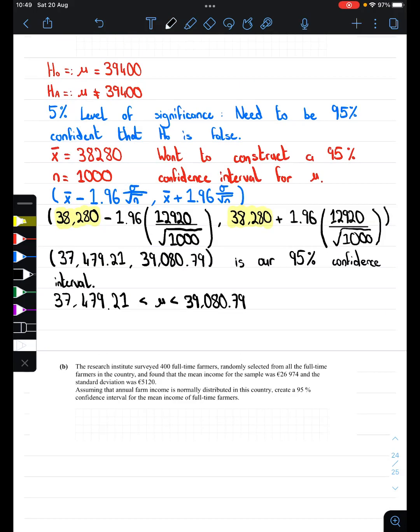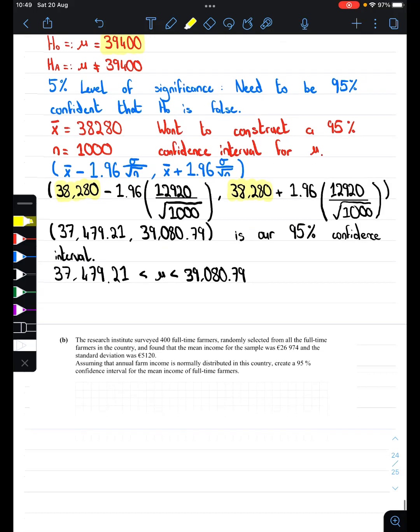So we're 95% confident that the true mean doesn't lie in here. And so that means that we're 95% confident that 39,400 does not lie in here.